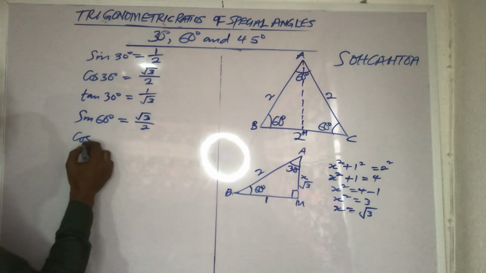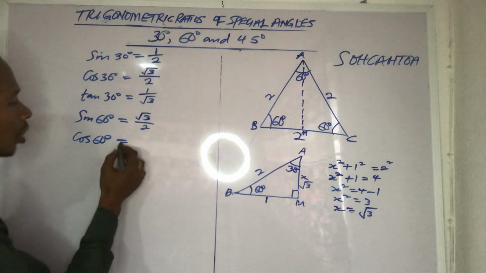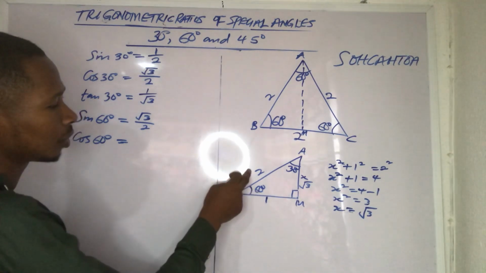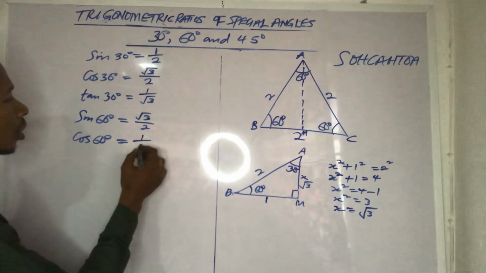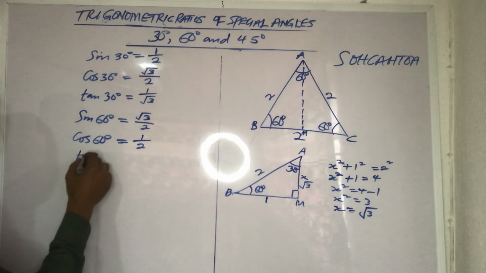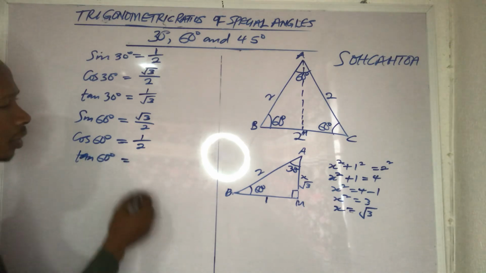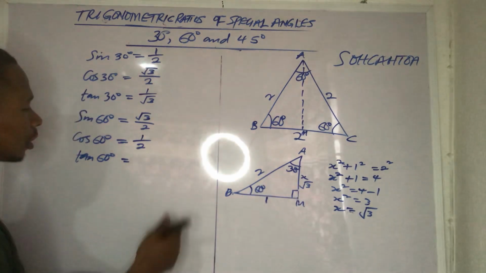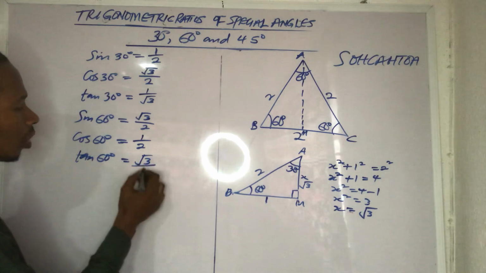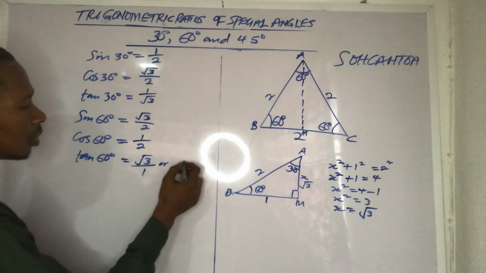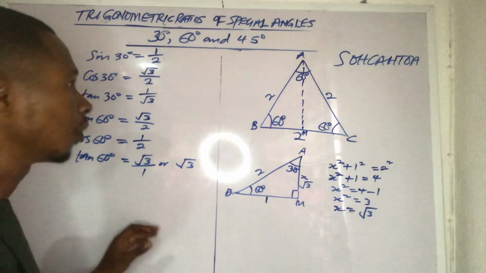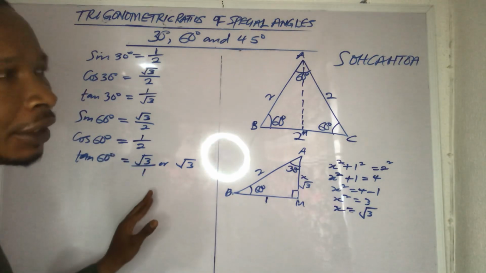Then cos 60 is equal to adjacent over hypotenuse. That's 1 over 2. Then tan 60 is equal to opposite over adjacent. That will give me root 3 over 1, which is the same thing as root 3. So these are special angles for angle 30 and 60.